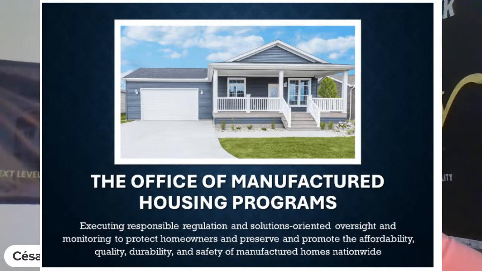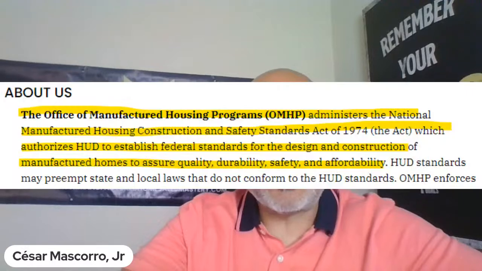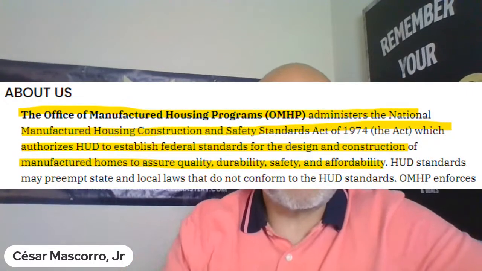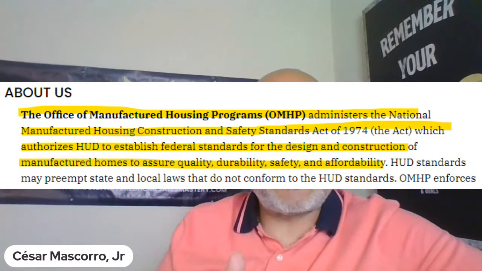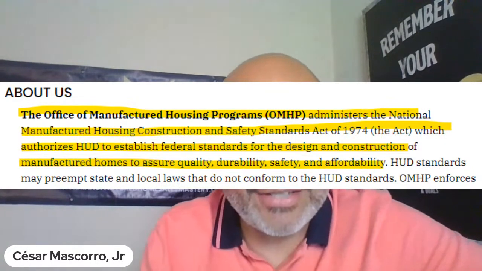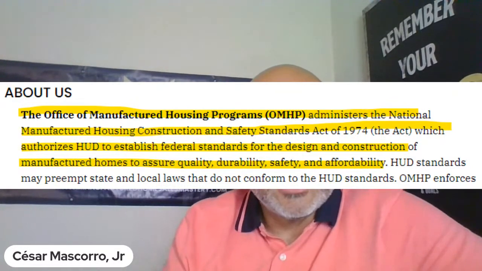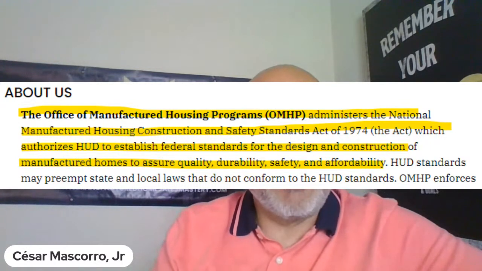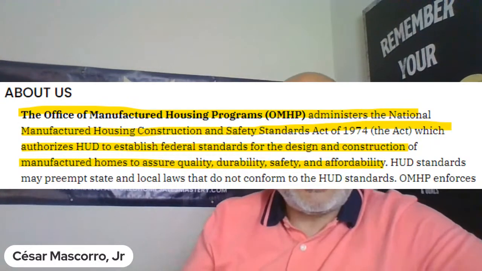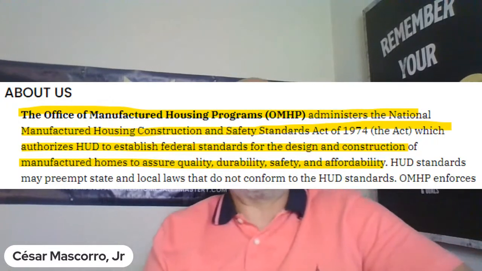This office right here, the reason that it exists shows right here: it administers the National Manufactured Housing Construction and Safety Standards Act of 1974, which authorizes HUD to establish federal standards for the design and construction of manufactured homes to assure quality, durability, safety, and affordability. There we go.